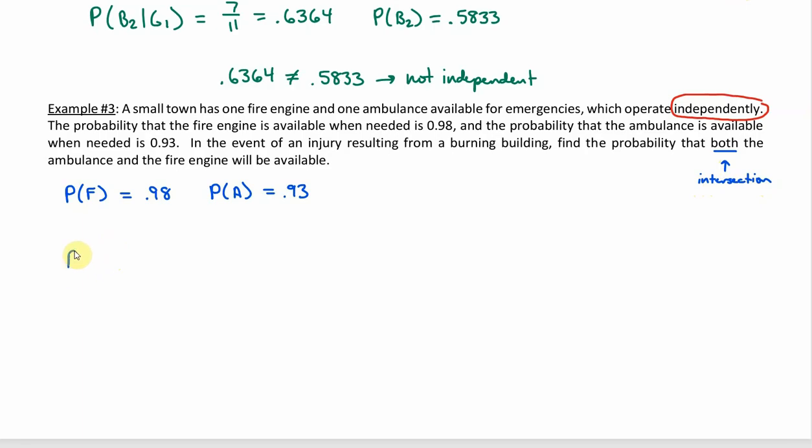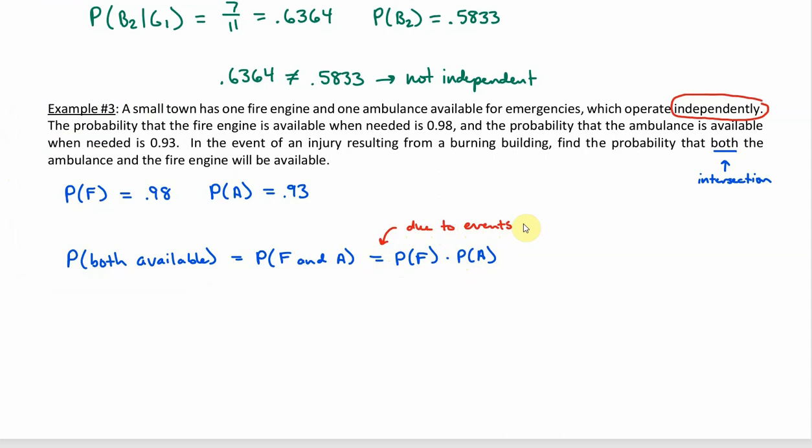So the probability that both are available is going to be the probability of F and A, or the probability of F intersect A. But because the events are independent, we can say this is equal to the probability of F times the probability of A. So that maneuver right there you cannot do all the time, but you can if the events are independent. So right there, this is due to the events being independent.